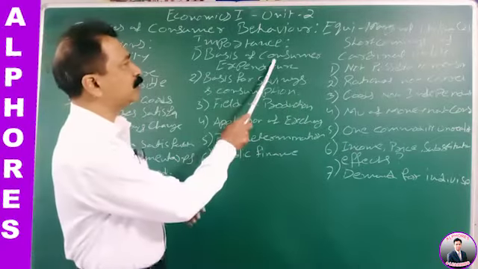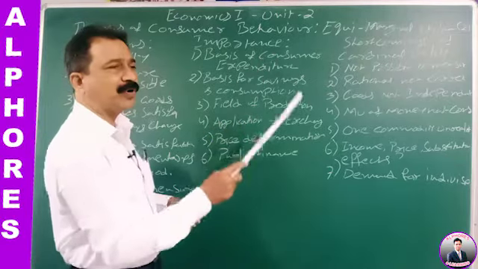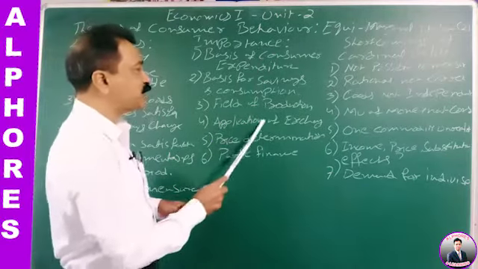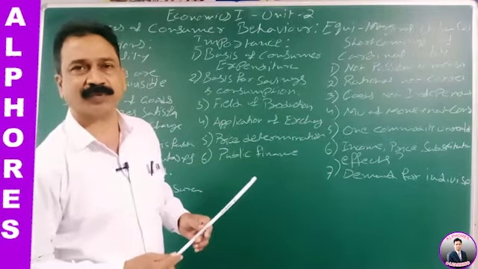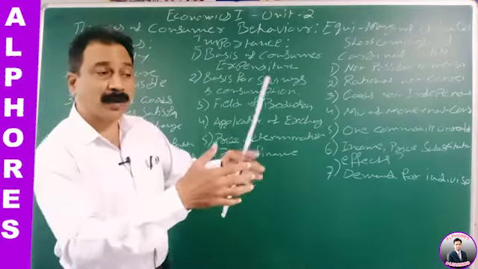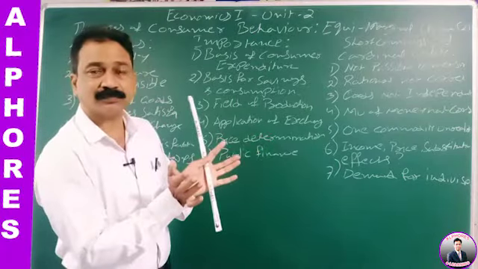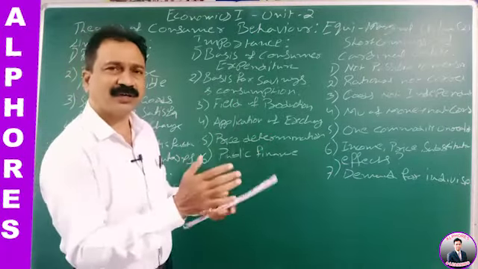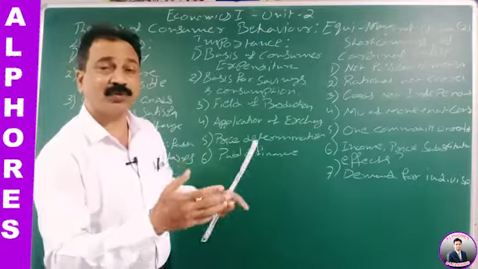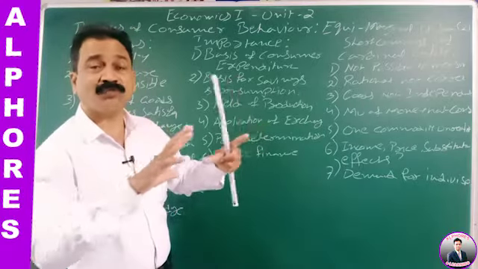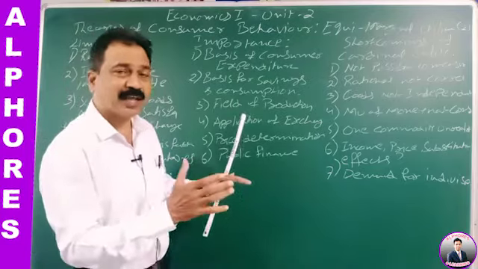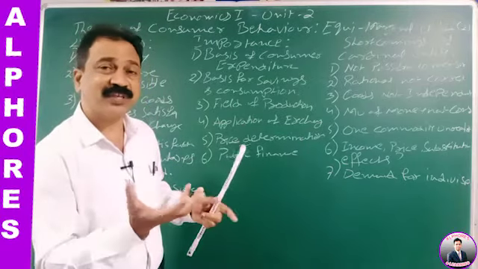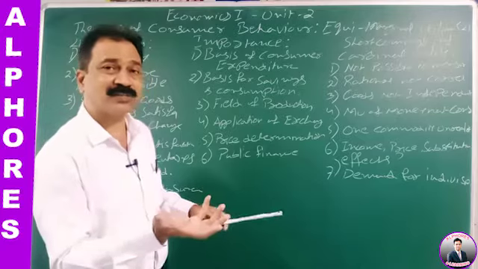Whenever consumers prefer a commodity, its production is going to increase, like your cells. In the olden days, there used to be gramophone records. Then things changed. Before that, there used to be radios. After radios, transistors, gramophone records, tape recorders, CDs, CD players, DVD players.